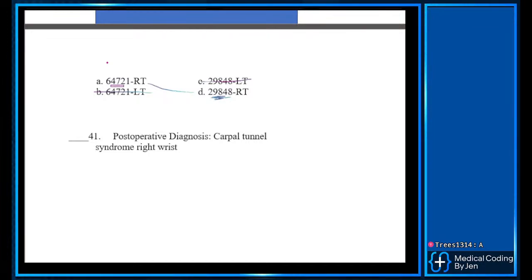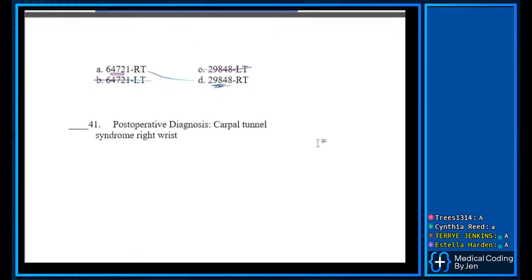Body part is not on that page, but we're under sympathetic nerves, peripheral nerves, extracranial, peripheral nerves, and autonomic nervous system. 298 is going to be way over there in our musculoskeletal section.